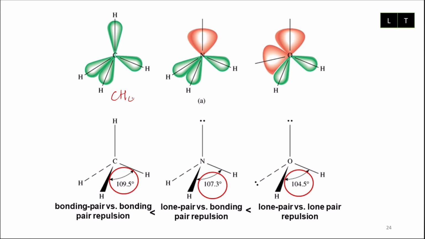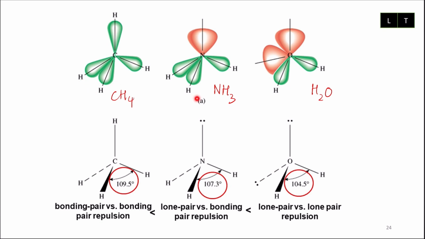For example, I have CH4, NH3 and H2O. All of them mempunyai basic shape tetrahedral. Tapi apabila awak lukis Lewis structure, CH4 memang akan stay sebagai tetrahedral untuk molecular geometry.